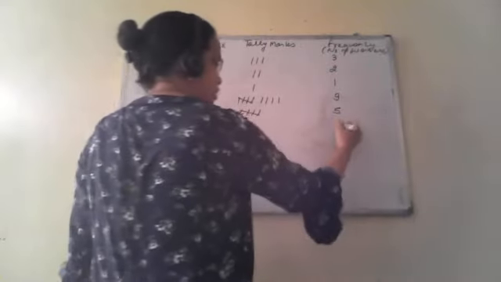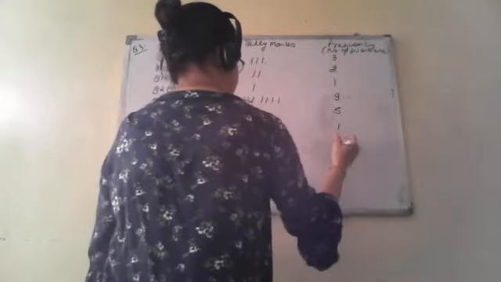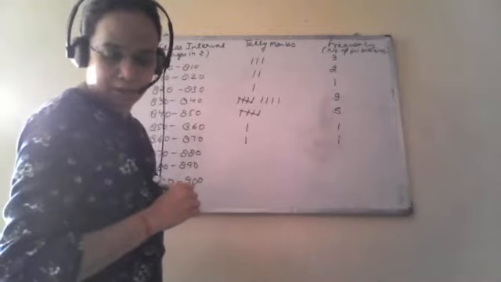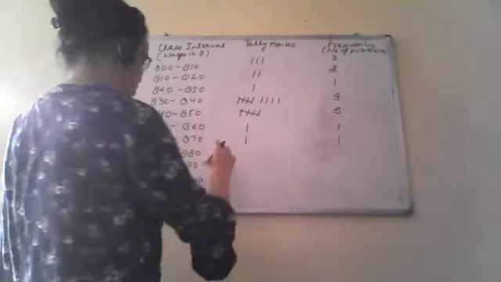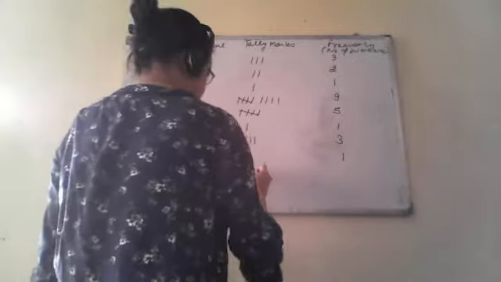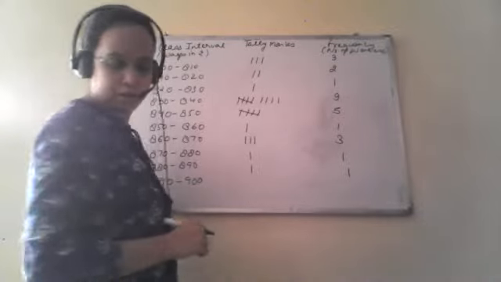Then 850 to 860, we have 1. 860 to 870, we have 3. 870 to 880, we have 1. 880 to 890 we have again 1. And for 890 to 900 we have 4.